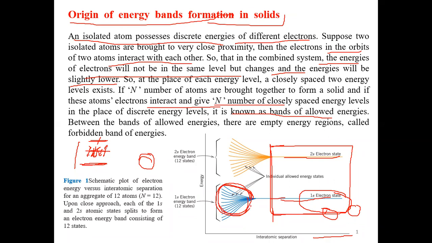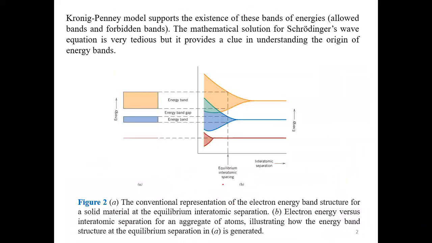These n number of closely spaced energy levels make a band, an energy band. That's how the energy bands are formed in solid.